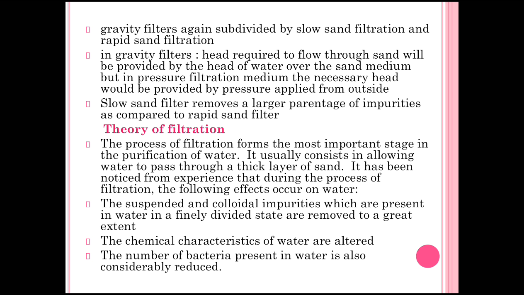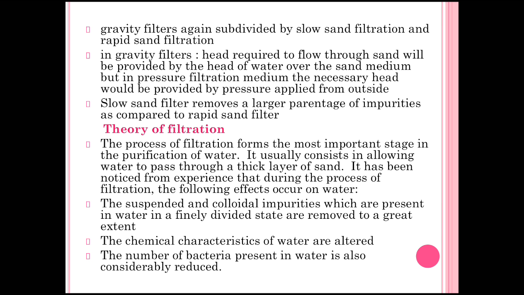And colloidal impurities are particles having a size smaller than 10 to the power minus 7, which are dissolved in water and cannot be seen by naked eyes, but whenever we use something like alum, that material coagulates at the bottom of the water. It's called colloidal impurity.